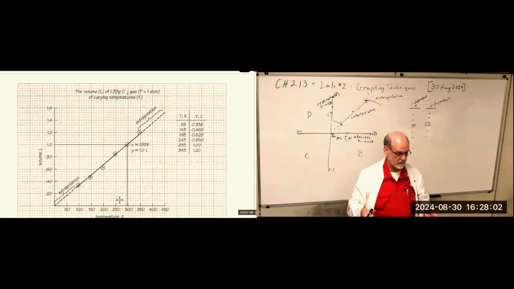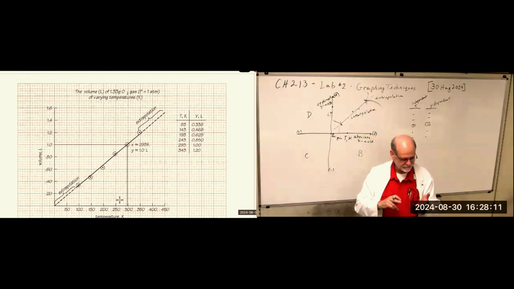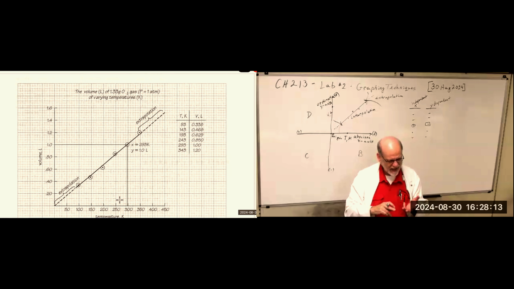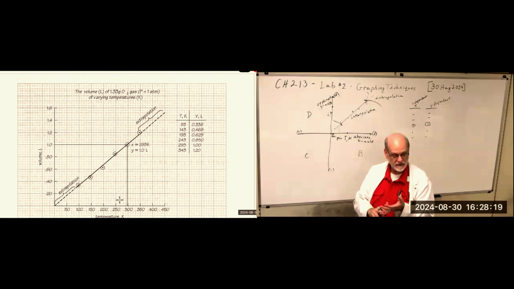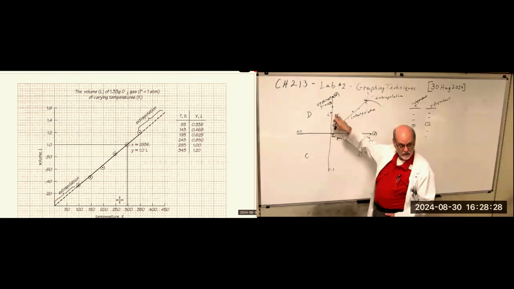It has to stand alone. So it's got to have a title to tell us what we're trying to do, what the graph represents. So we got the title there. We've got our axes drawn in. We've got the units of measure and the scale units. Right? We have temperature and what the temperature units are, Kelvin, or volume and what the units are, liters.